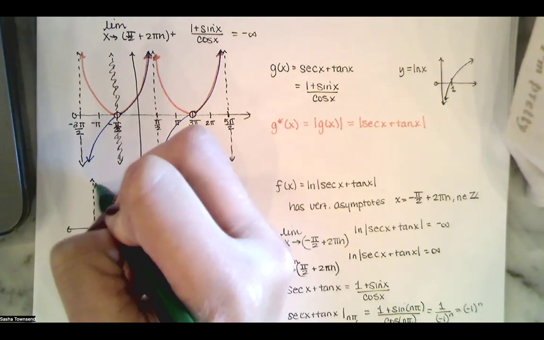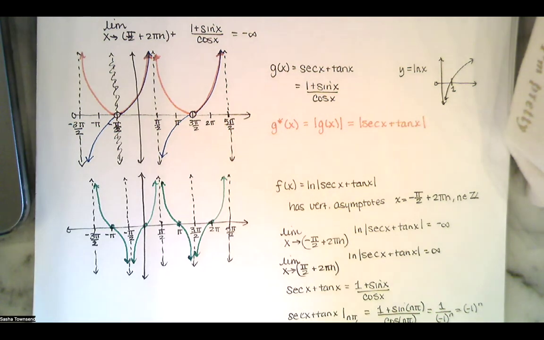So that's our graph, I think. Is that correct? Maybe it's not. We're taking the natural log of a large number, should be large. Natural log of a tiny positive number, so it should be very small and negative. I think that's right.